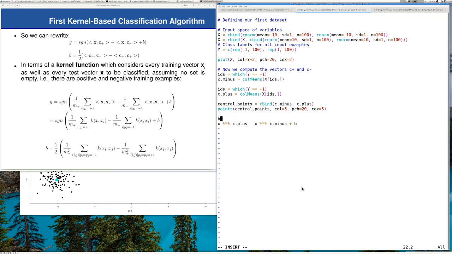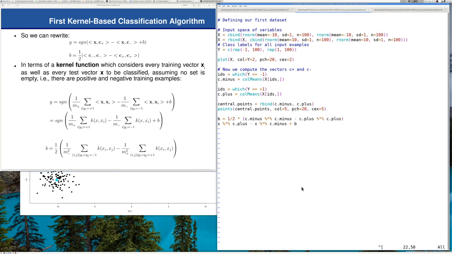What is b? b is basically half times the inner product of C minus by C minus, minus the inner product of C plus by C plus.